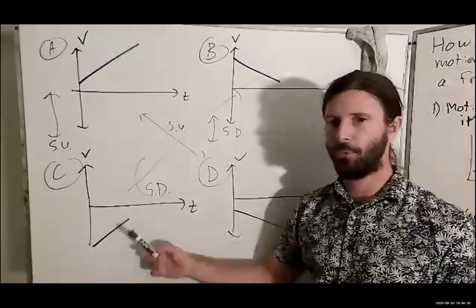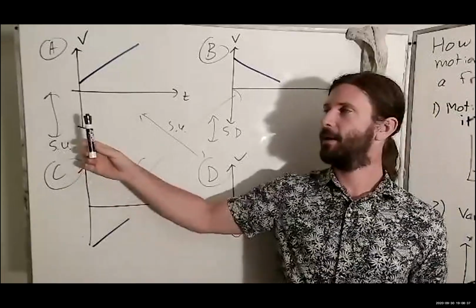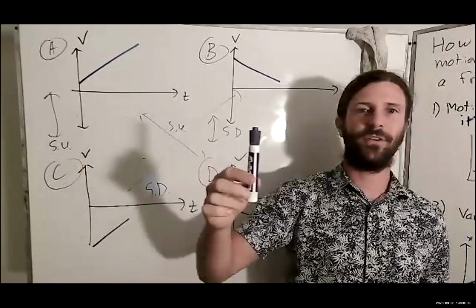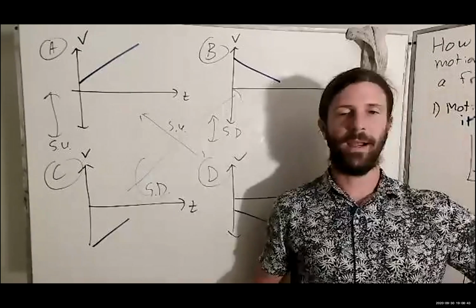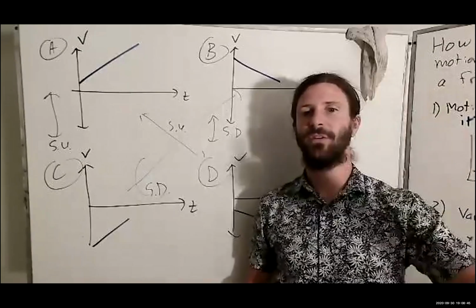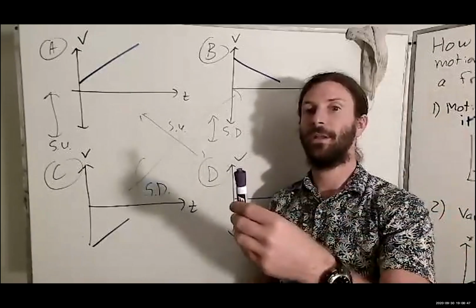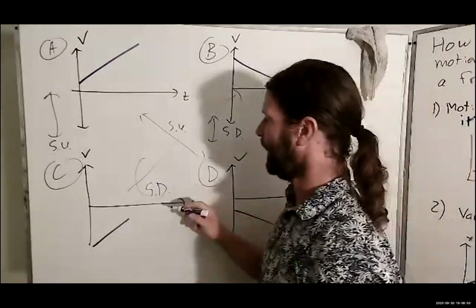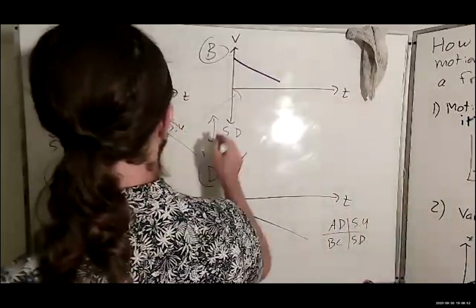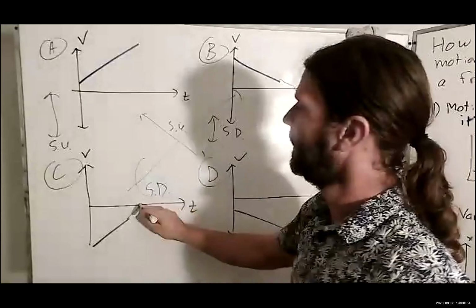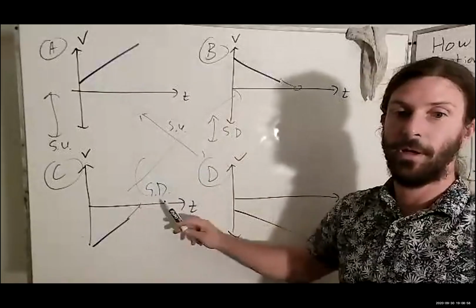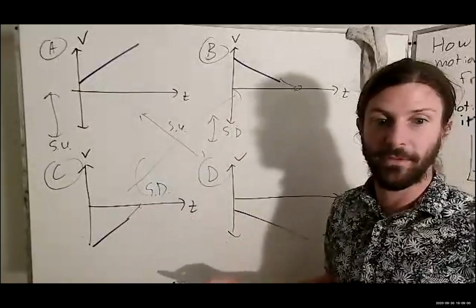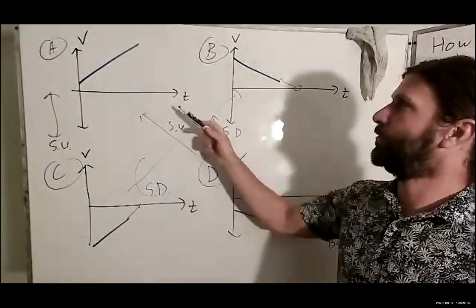The two examples would be something initially going fast and slowing down like this, and the other one, fast and then coming to rest. Because if you continue this graph, at the intercept, v equals 0, and that's stopping, right? So slow down, speed up, speed up.